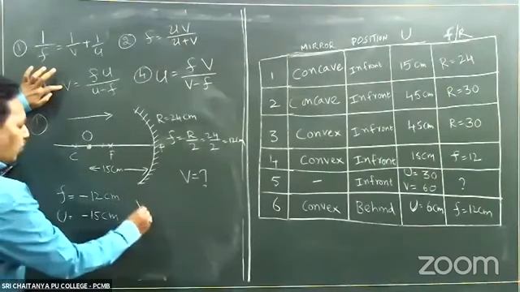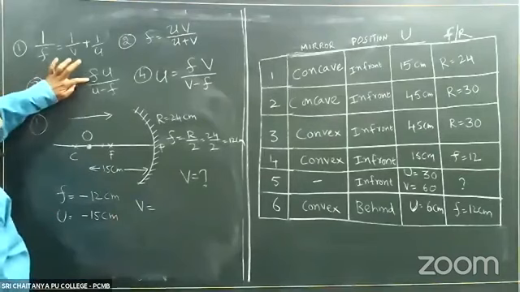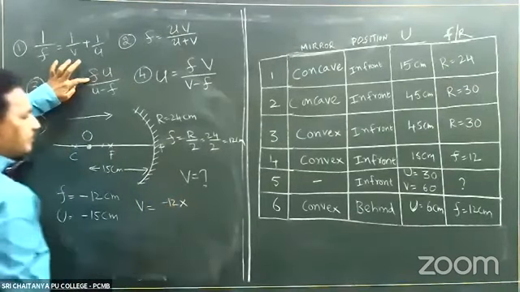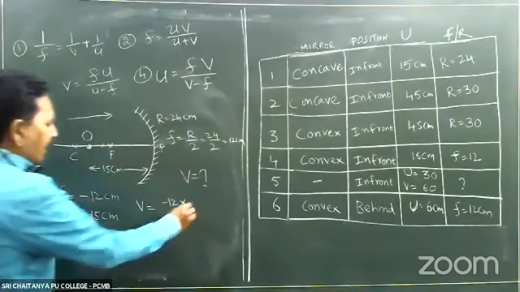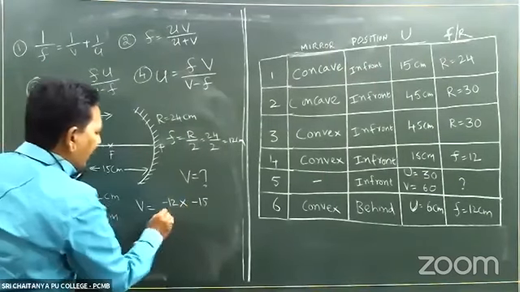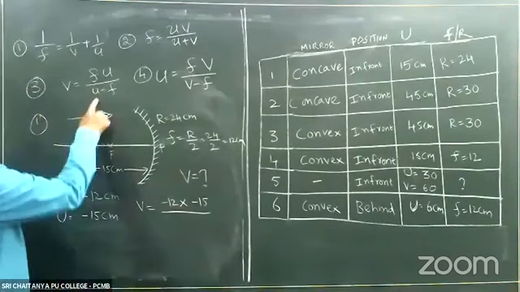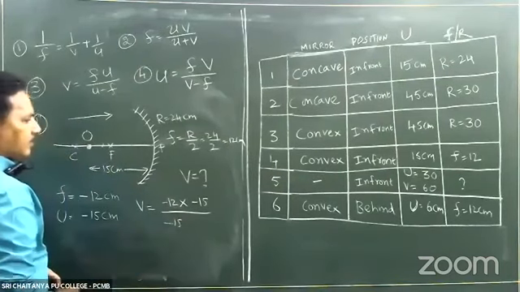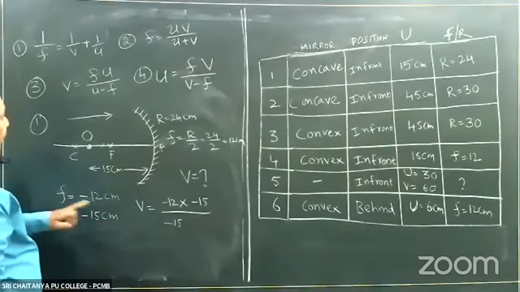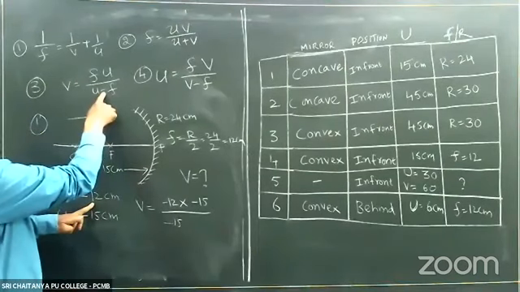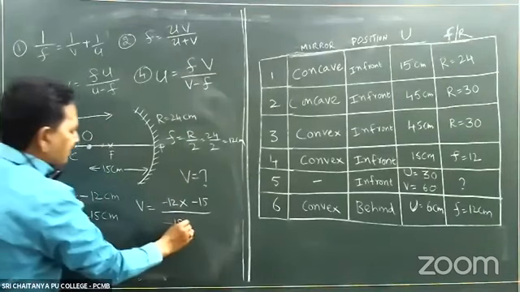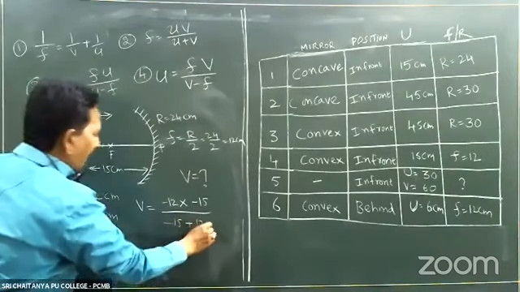So V is equal to F into U by U minus F. F value -12 into U value -15 by U value -15 and F value -12. Already minus is there here. Minus into minus becomes plus 12.